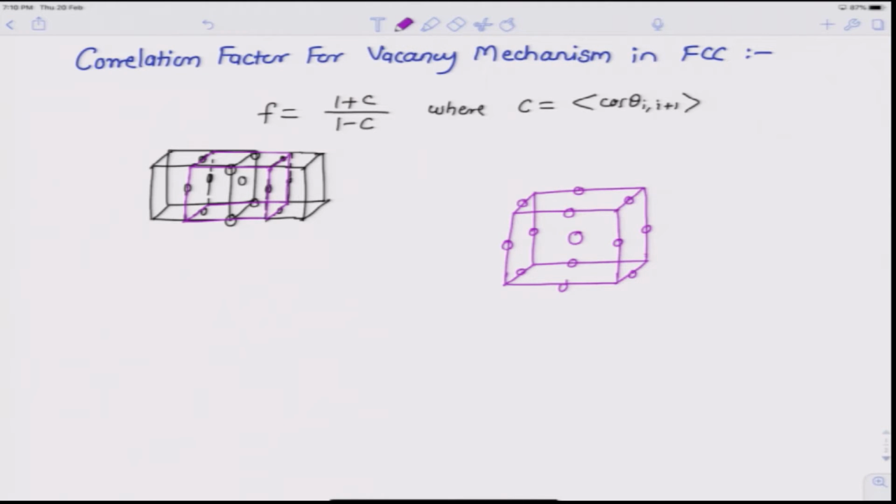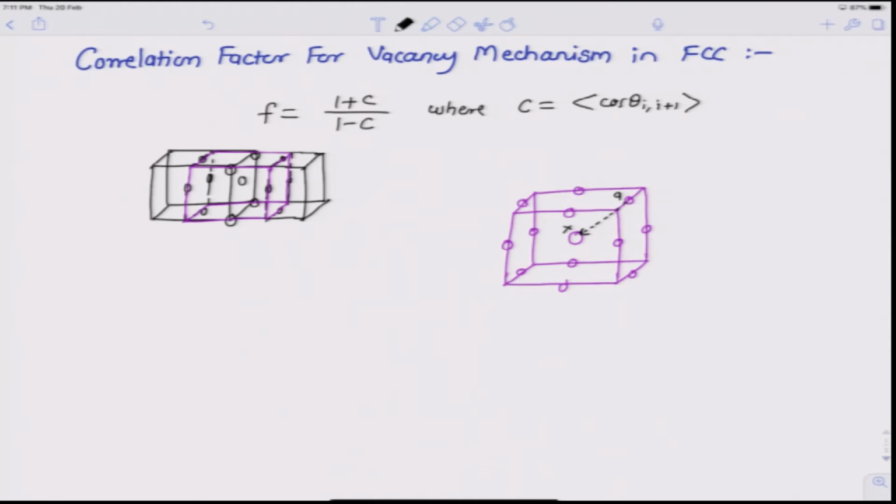Now, why is this more convenient for us? Because if we consider this jump vector, let us call it A x, then we can divide the atoms into different classes, the atoms in each class making the same angle with the jump vector A x.